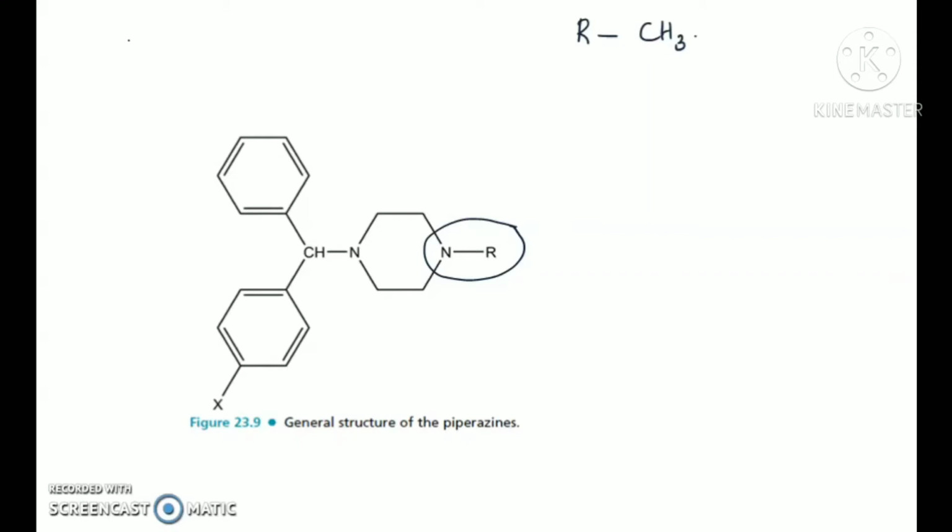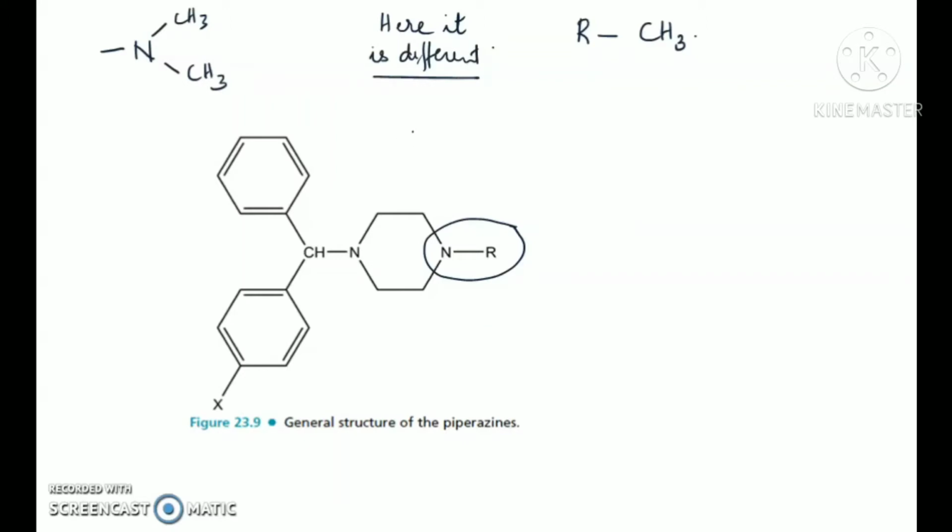In the previous examples, the common factor in all the previous first generation antihistamines is that the terminal nitrogen atom usually carries a dimethyl group. But here in the cyclizines, the terminal nitrogen atom is not dimethyl substituted. So what is the difference?